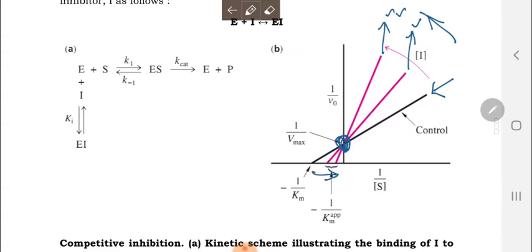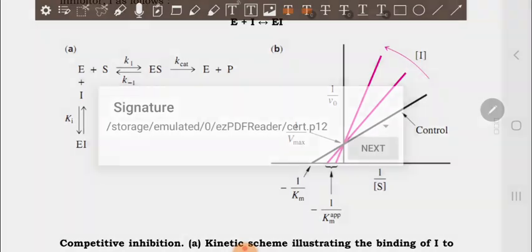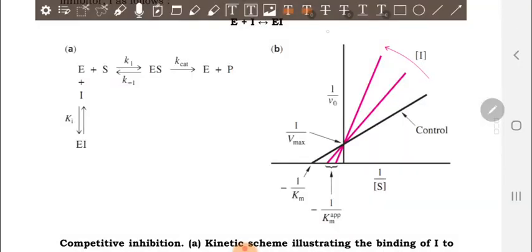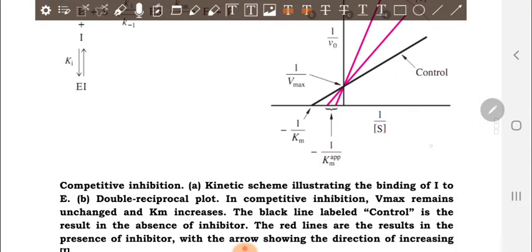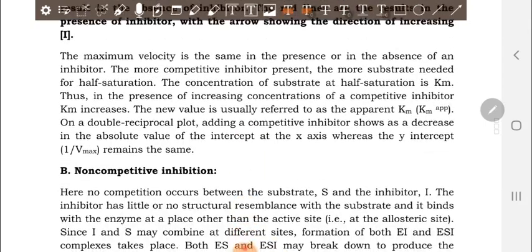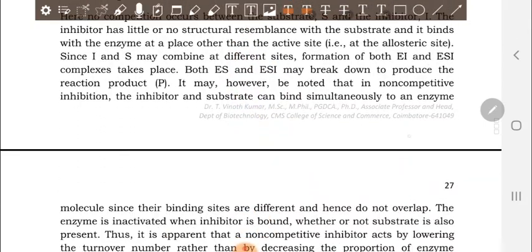This is a typical parameter for competitive type of inhibition. In competitive inhibition, the intercept on the y-axis, that is 1 divided by Vmax, is constant. That is the one we have to remember. Finally, that is how we can remember the different types of inhibitors.